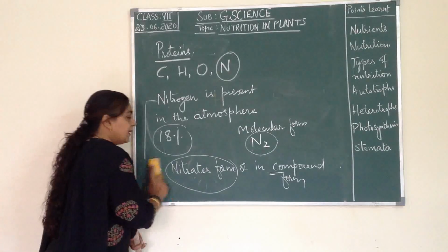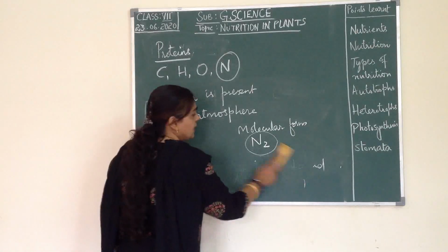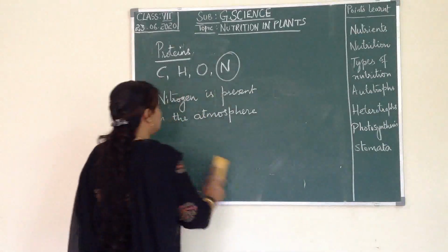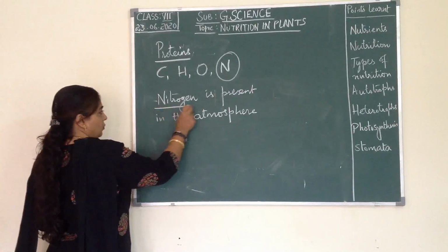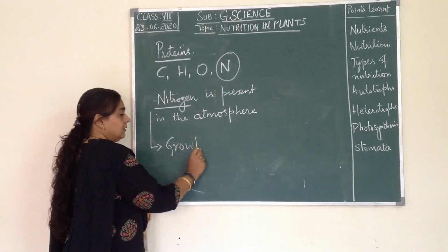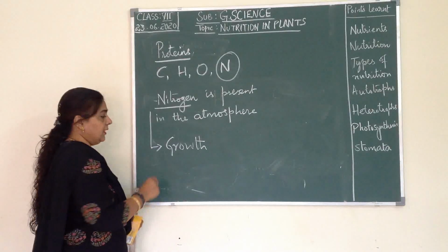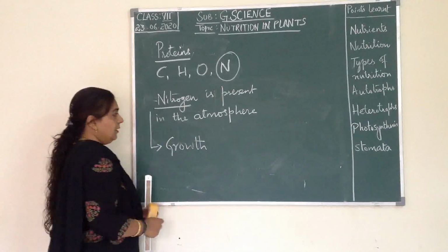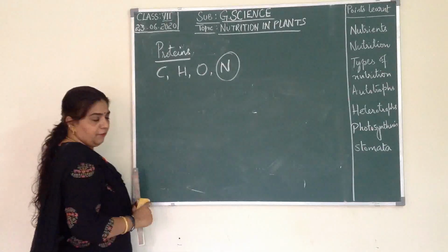So how do they get the nitrates from the atmosphere? Because nitrogen is very much essential for the plants to grow. Nitrogen is necessary for the growth of plants. So how do they obtain this nitrogen? They obtain nitrogen by any of these three ways.